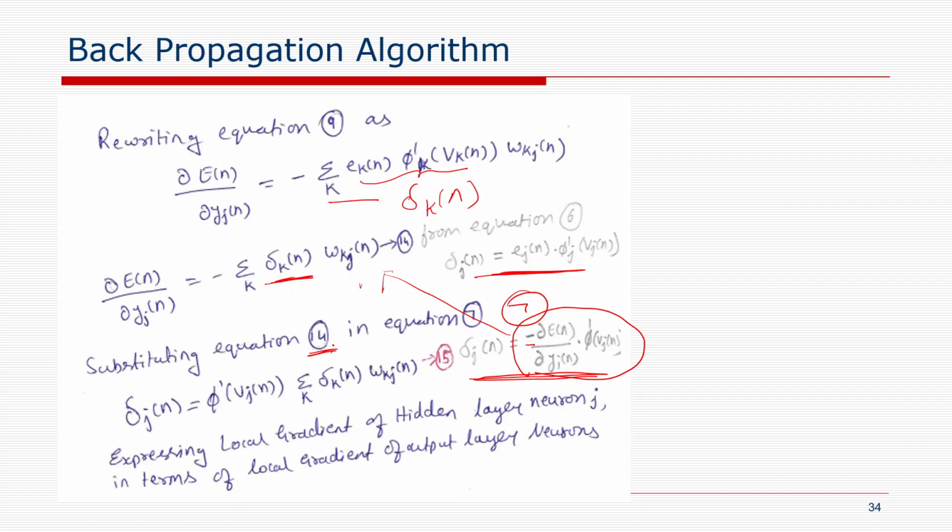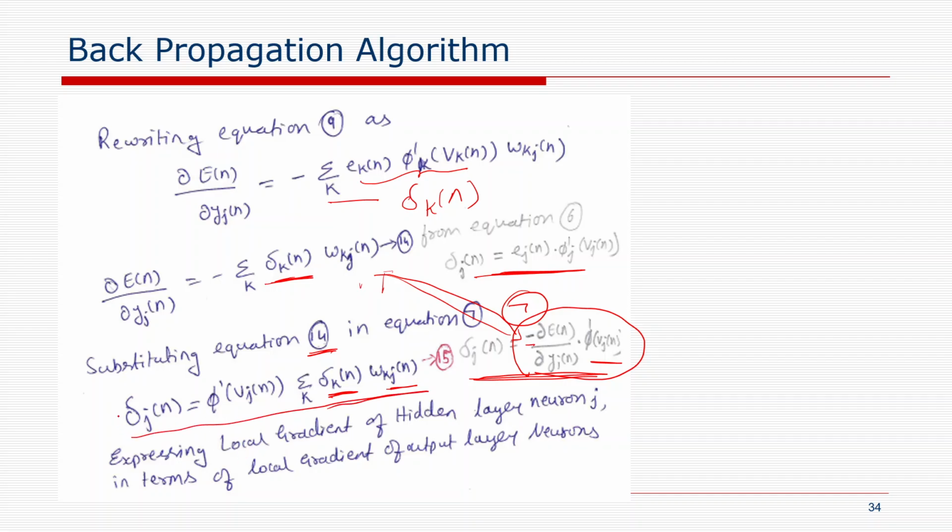Substituting the equation 14 in the equation 7, therefore here this negative term goes off, and then this delta k of n and wkj of n will come here, and in this term we had phi dash vj of n that will remain. The summation and the negative symbol will go off. That is now the observation from this term.